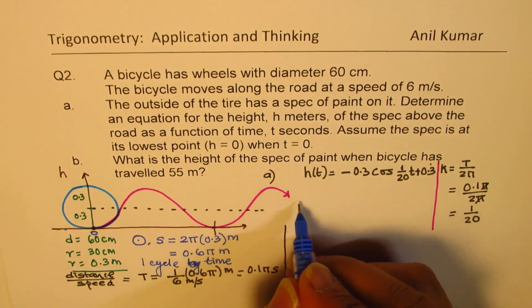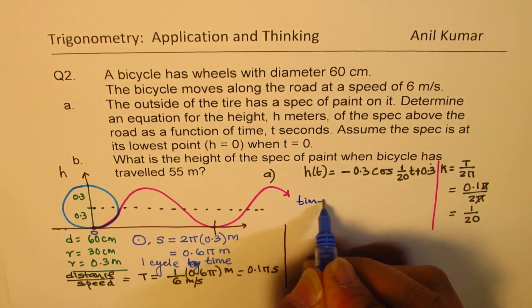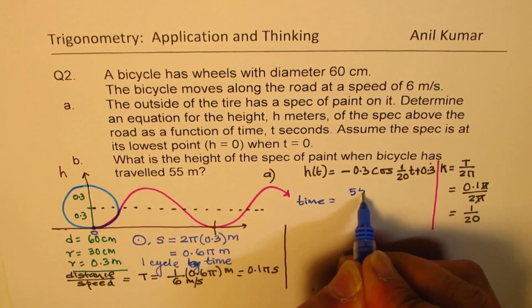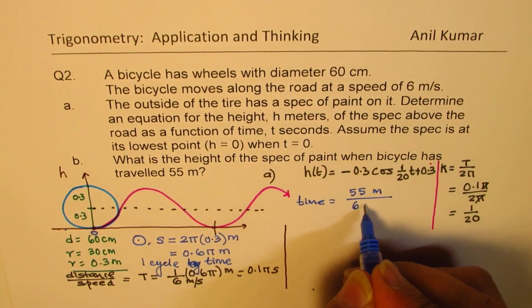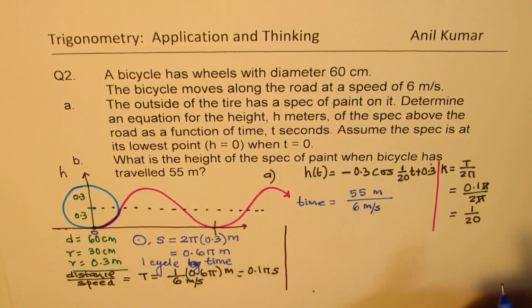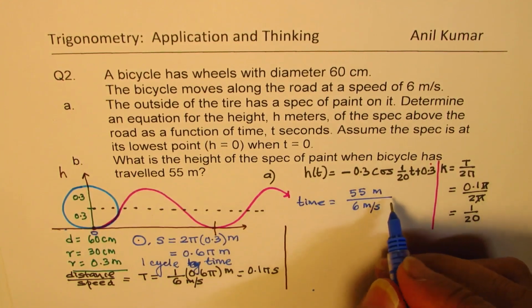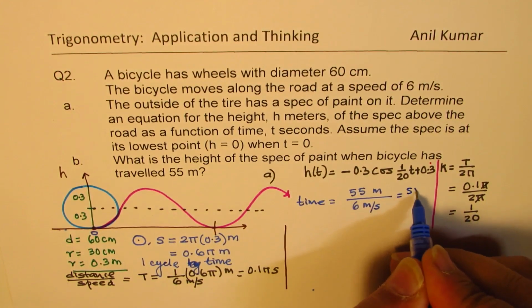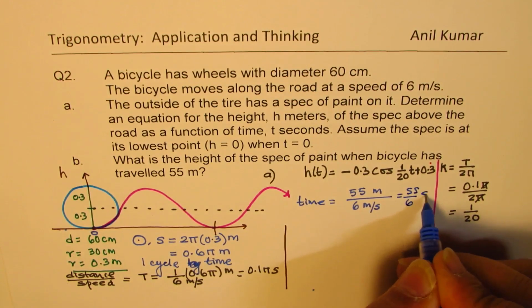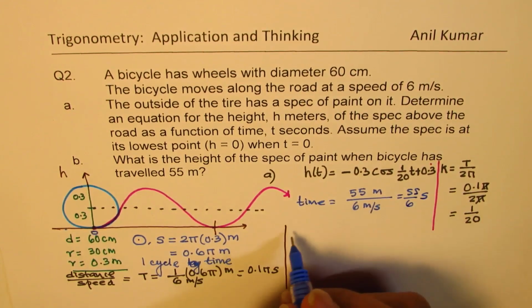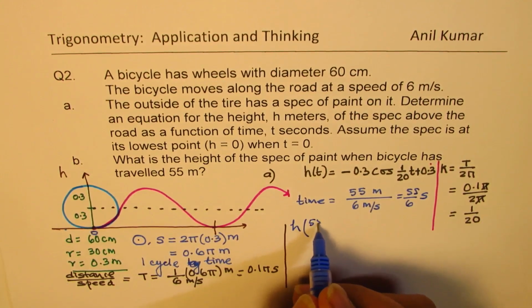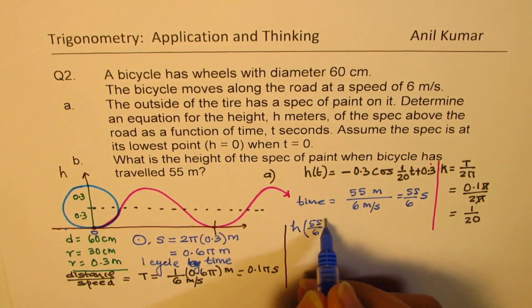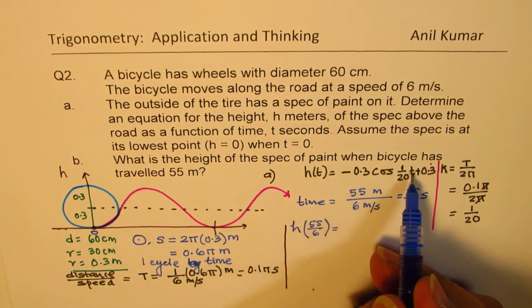So we know time taken will be 55 meters divided by the speed, which is 6 meters per second, right? So we'll get 55 by 6 seconds. So that is the time. So let's find the height when the time is 55 by 6 seconds. Clear? So we need to substitute that here.